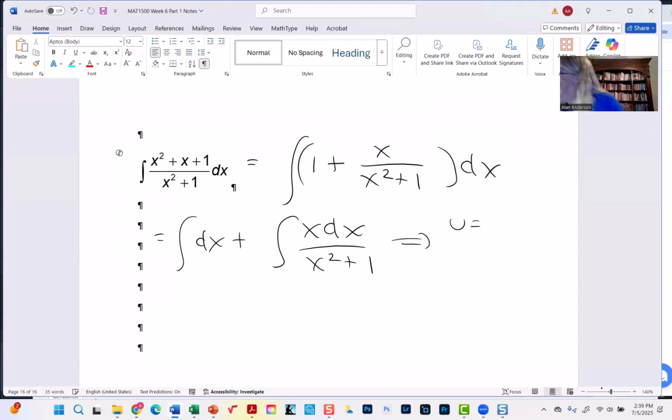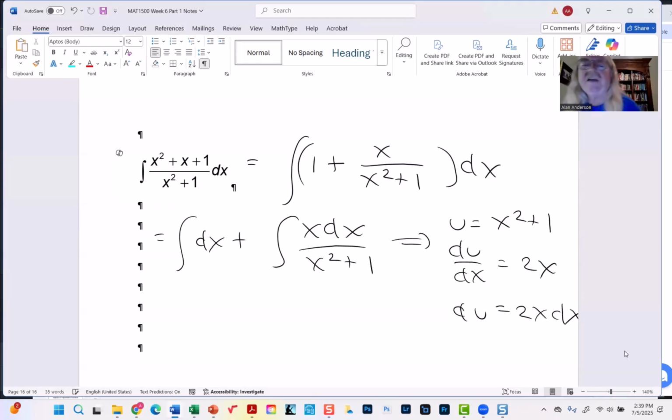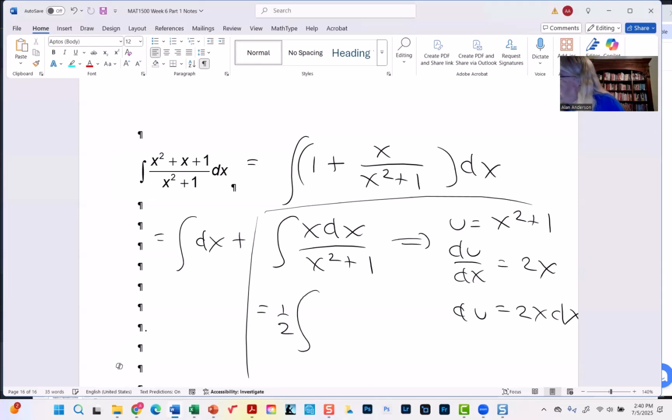Let's try u substitution. And of course, you can see we don't actually have the 2 that we need. So we're going to supply that because it's a constant. We'll rewrite this as 1/2 times 2x dx over x squared plus 1.